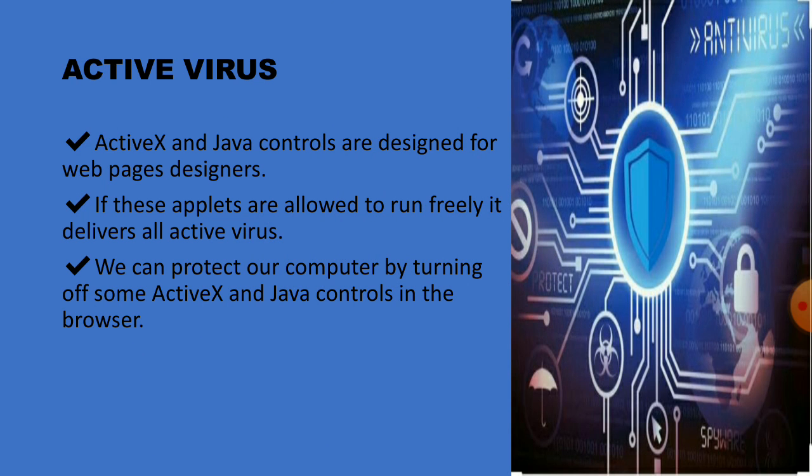Active virus is only caused in ActiveX and Java. Except these two, active virus cannot be spread. First, you must know what is an applet. An applet is a small application that performs a specific task. It is designed to run within another application.